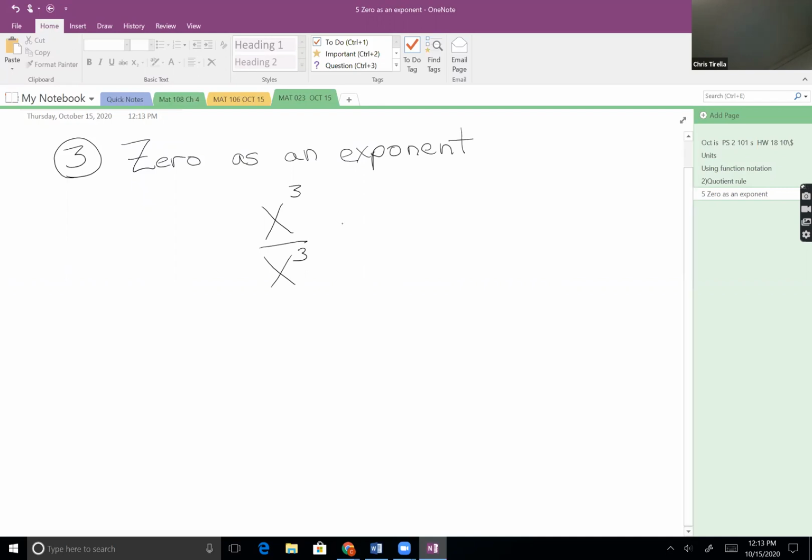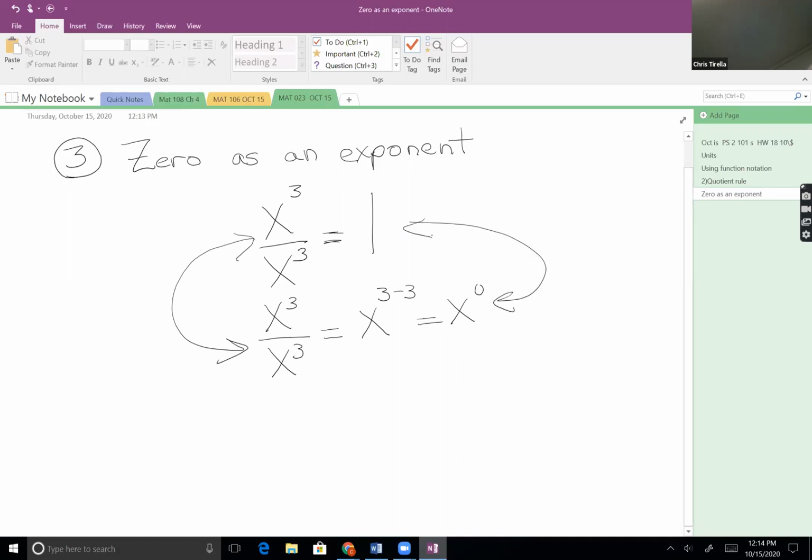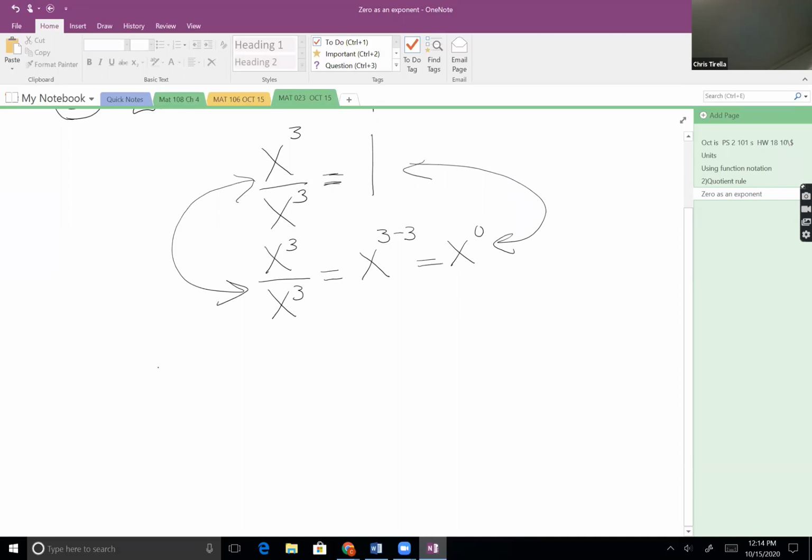When I divide something by itself, that should always give me 1. But on the other hand, if I were to take x to the 3rd divided by x to the 3rd, and use this exponent law and subtract those exponents, wouldn't I get x to the 0? And so because these two are the same, these two have to be equal.